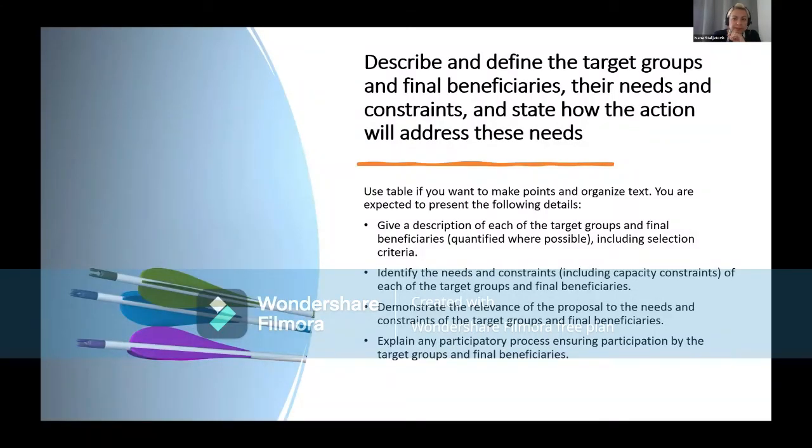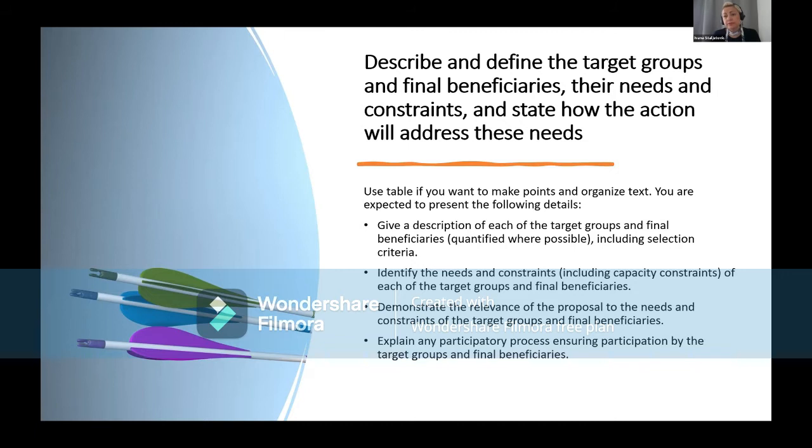Okay, then we have this third subsection where you need to describe and define your target groups and final beneficiaries. You need to address their needs and constraints and to state how your action will address these needs of target groups and final beneficiaries. If you want to make points and organize the text, you can use the table.